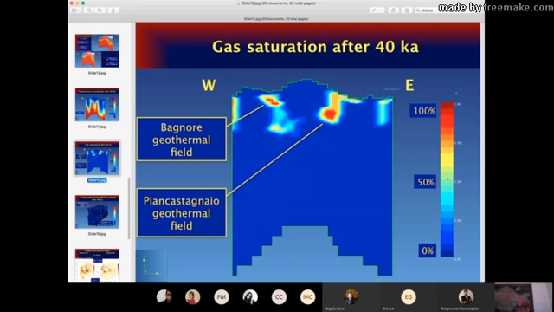Usually the water vapor is saturated with CO2, and there is a total equilibrium between the liquid water phase and the vapor phase. And so you can see here how there is, at around 50–60% gas saturation, what is called a heat pipe.